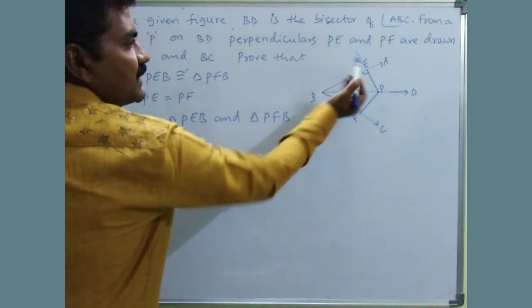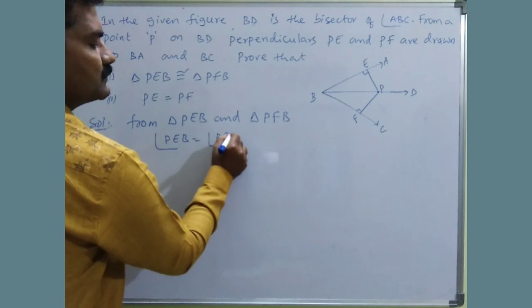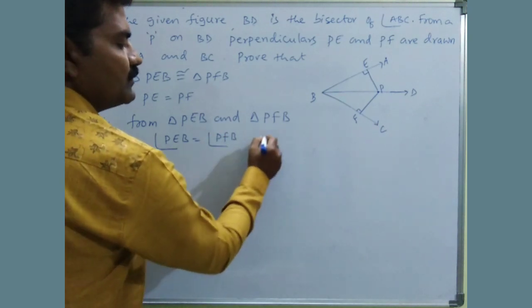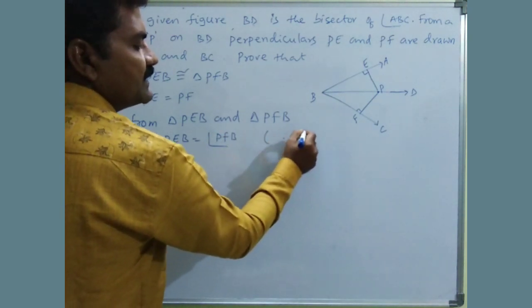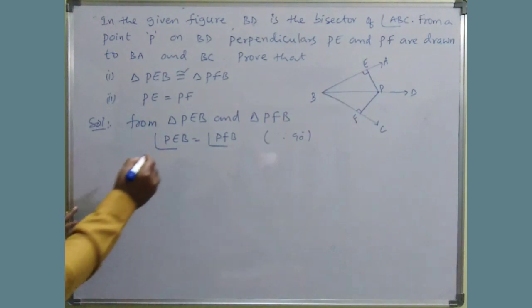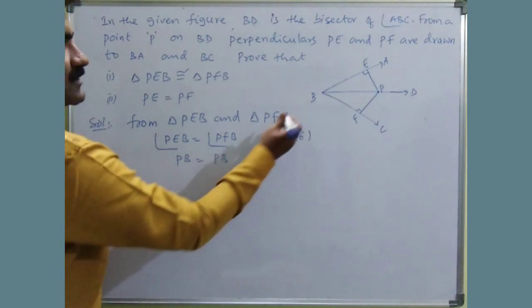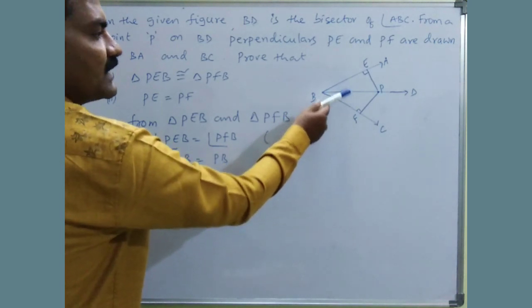Angle PEB is a right angle. Even angle PFB, isn't it? Both are equal, 90 degrees, right angles. What about PB? PB is equal to PB, which is the common side in these two triangles.